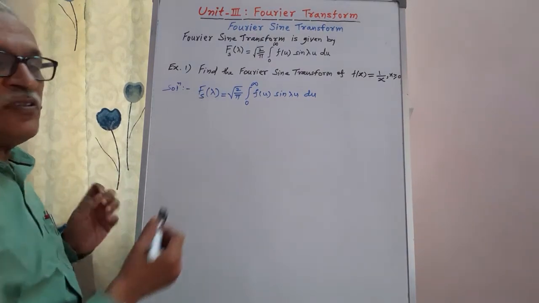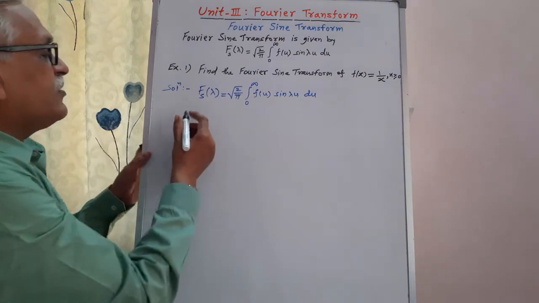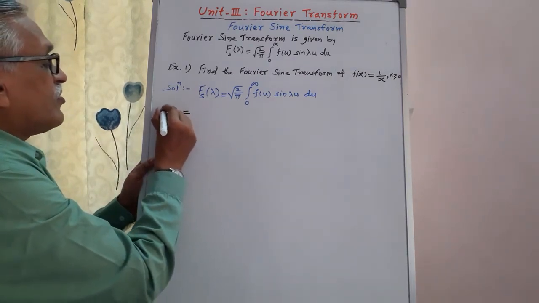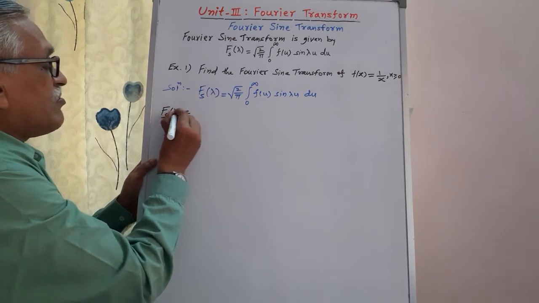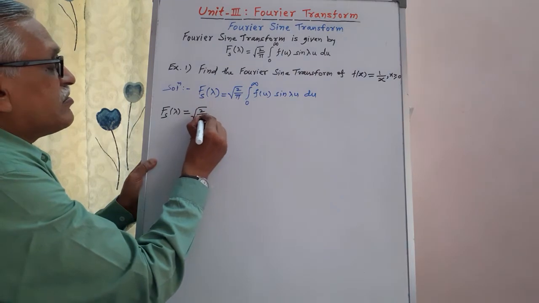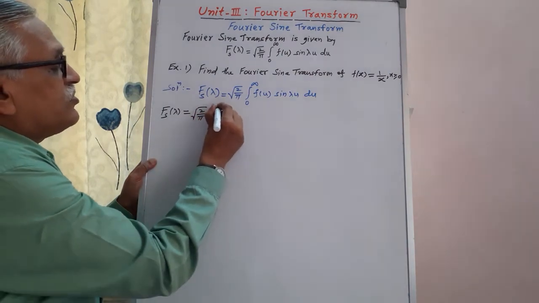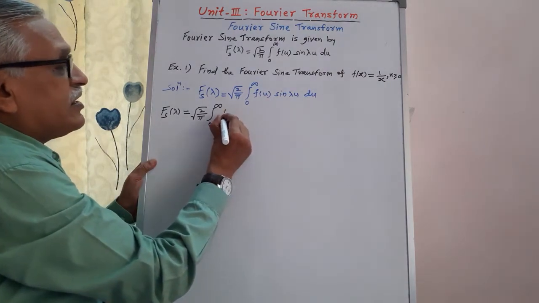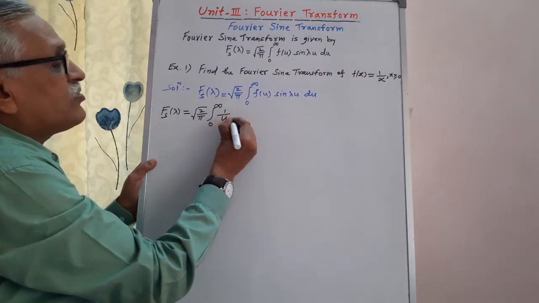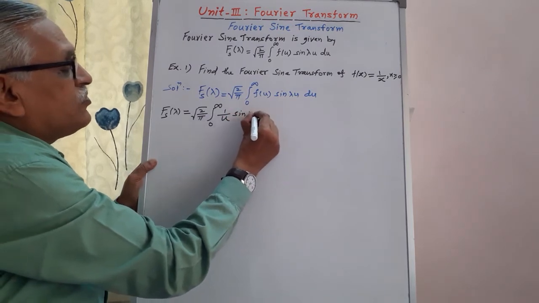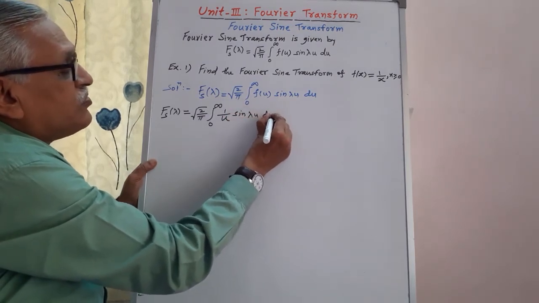Suffix s stands for sine transform, and therefore it is equal to root 2 by pi integral from 0 to infinity, f(u) is 1 by x, meaning 1 by u, into sine of lambda u du.